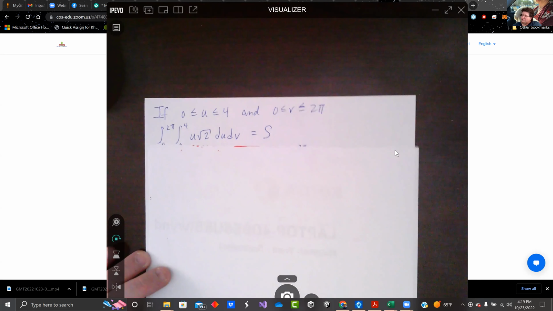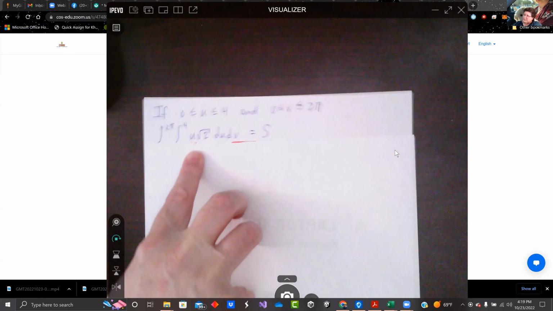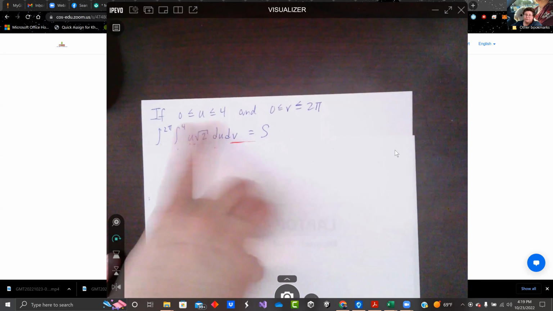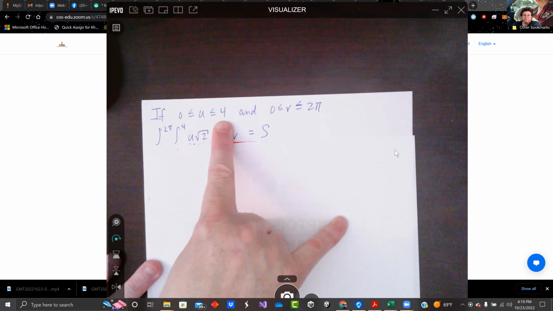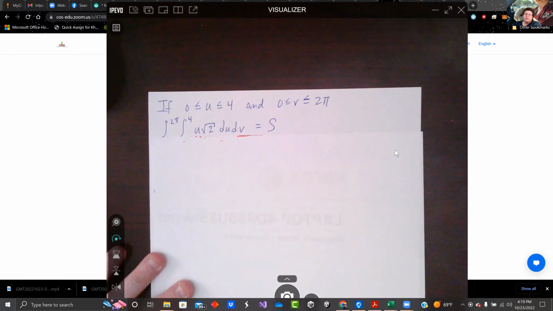I'm just making the absolute value of u positive because u is going from 0 to 4, because u was y. We're doing a full revolution, so v will go from 0 to 2 pi.